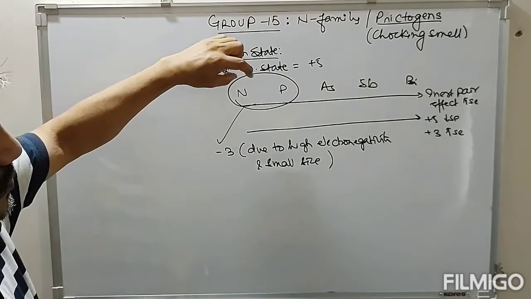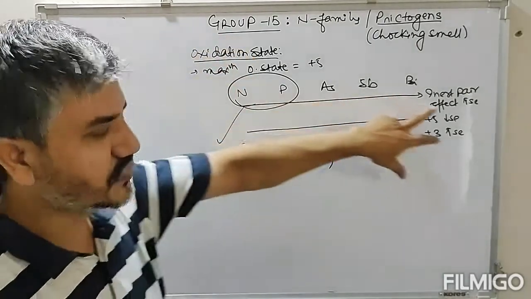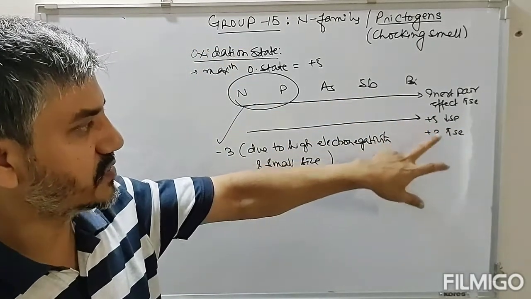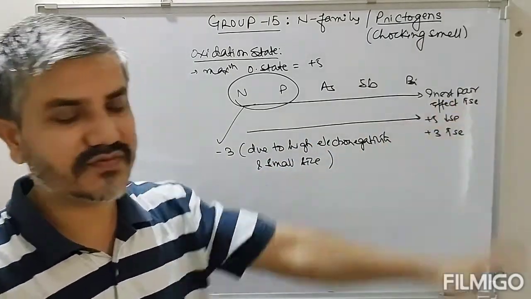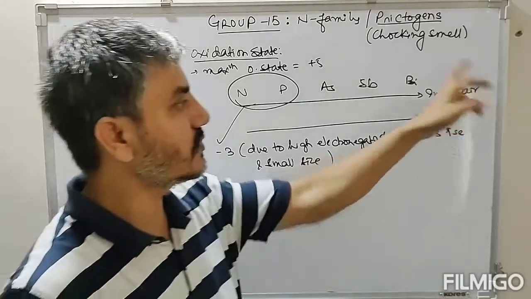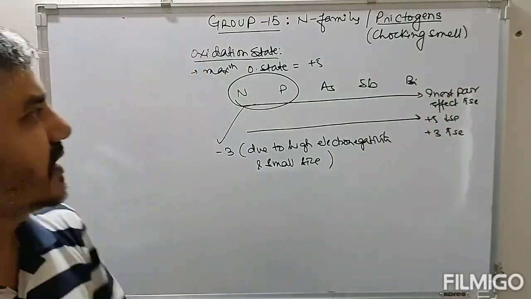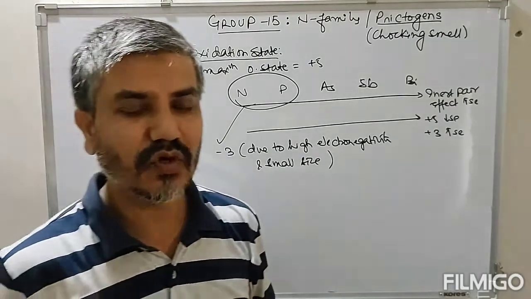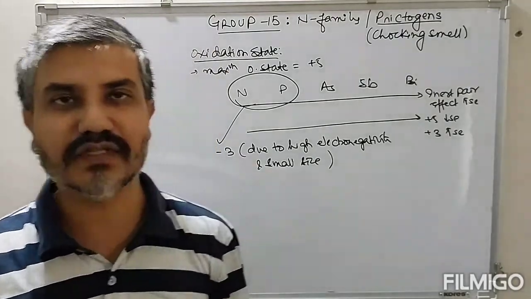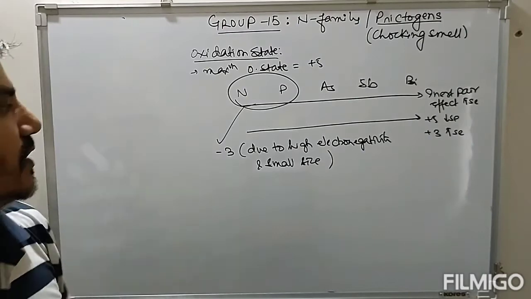So we have two oxidation states, +3 and +5. Stability of +3 increases, stability of +5 decreases down the group. This is because of the increasing inert pair effect. The tendency for the s electrons to participate in chemical bonding decreases, or the s electrons will try to remain inert.